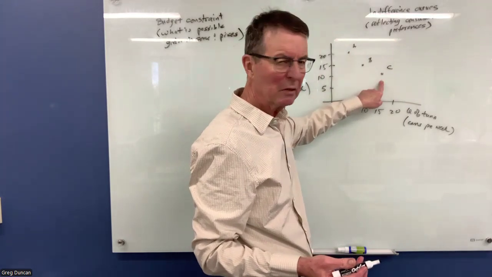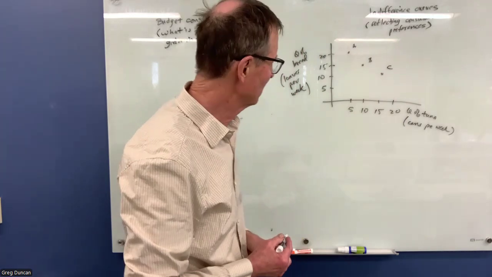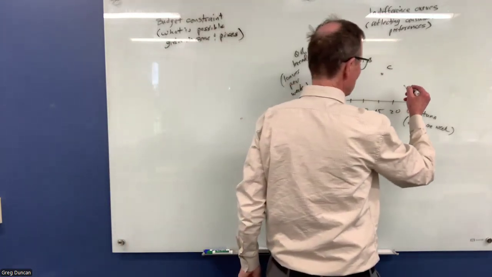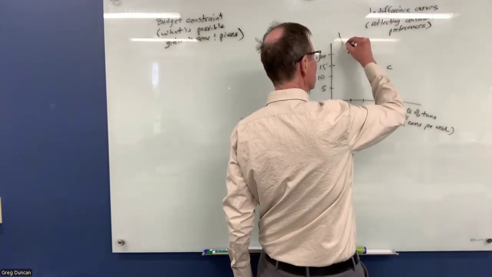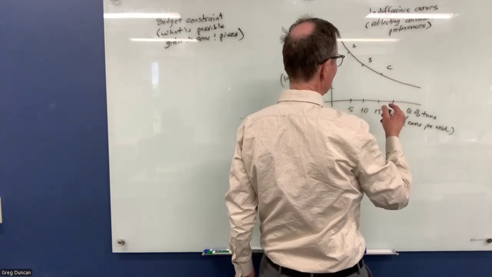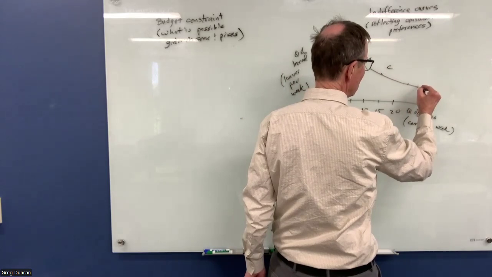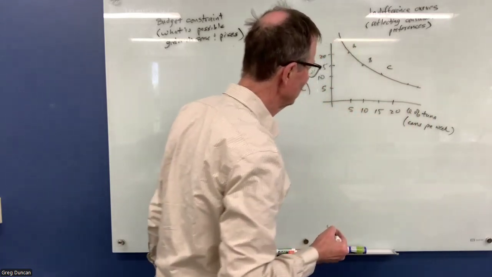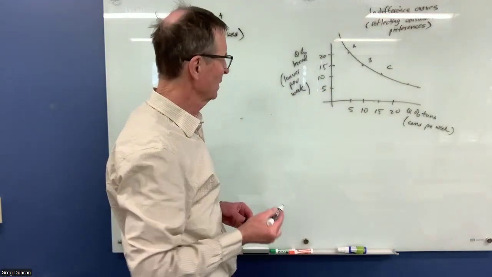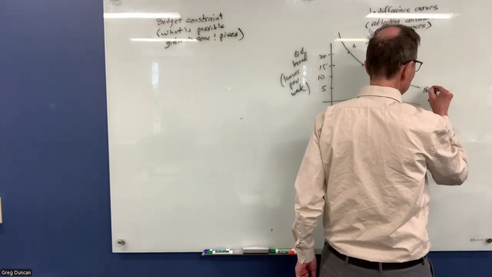B and C, those are equally preferred. From transitivity, A and C are equally preferred. And indeed, let's keep going and imagine all possible combinations of bread and tuna to which an individual consumer is indifferent in an economic sense. So this is an indifference curve.